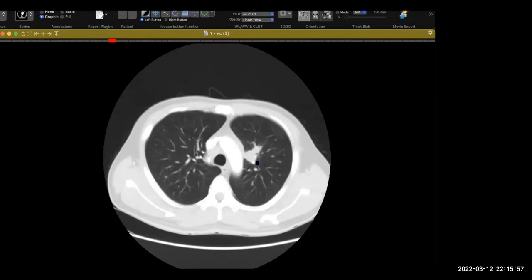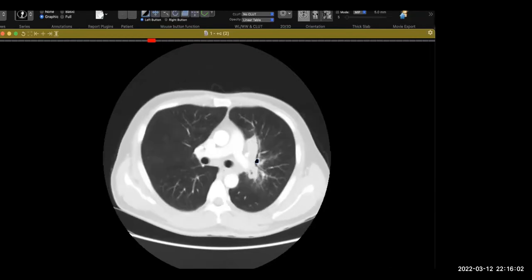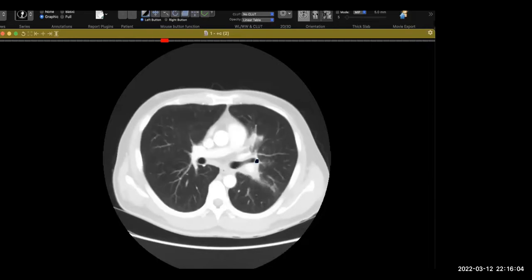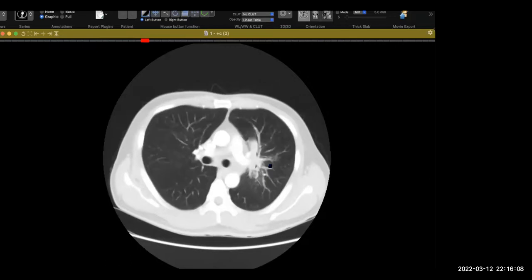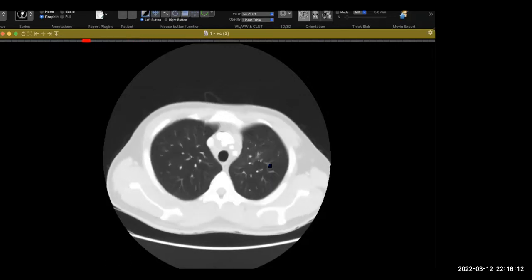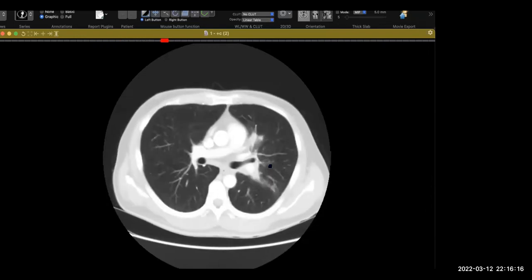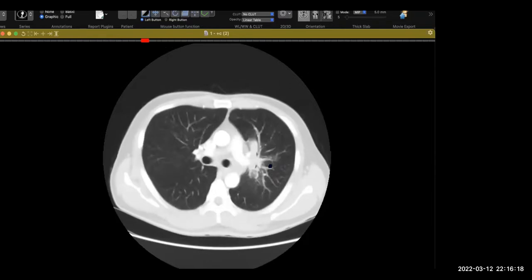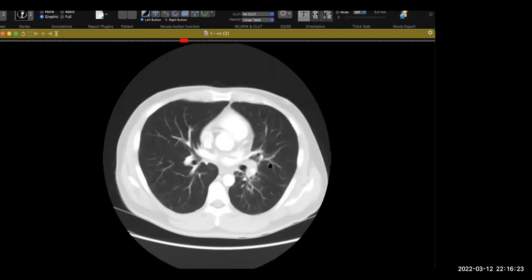There is a soft tissue mass with subtle surrounding ground glassing, which is seen within the left hilum, which showed heterogeneous post-contrast enhancement. So I'm looking for any bronchial cutoff, but this is encasing the bronchi rather than invading any of the bronchi.